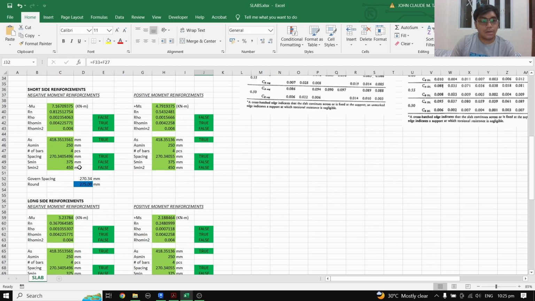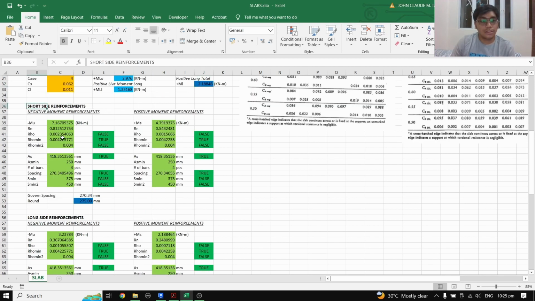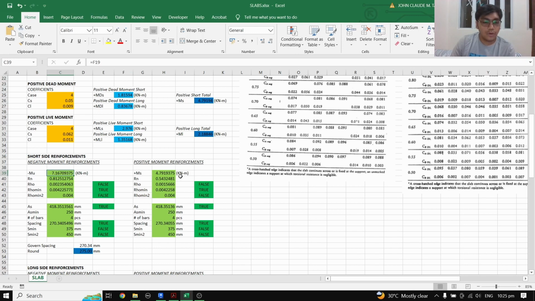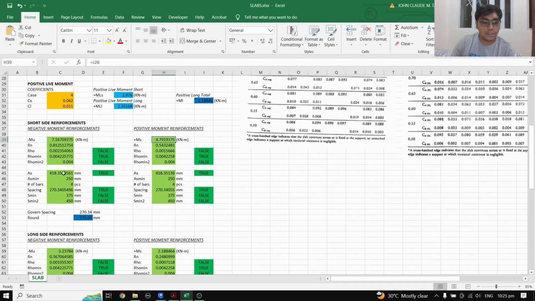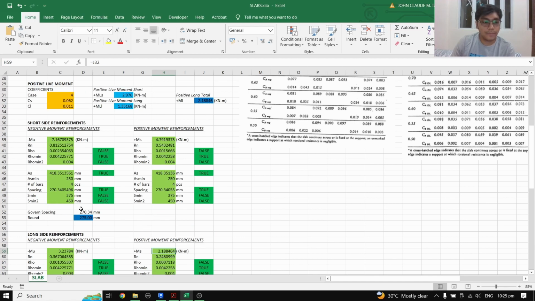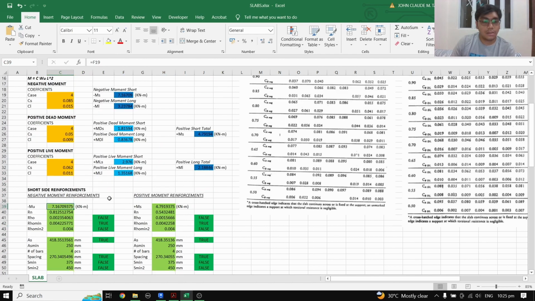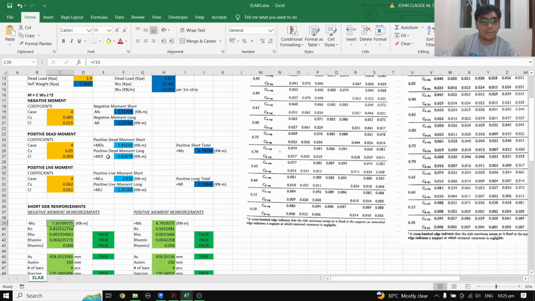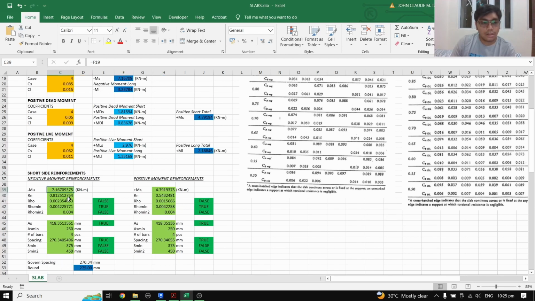So here we have our reinforcement calculations: our negative moment and positive moment of the short side, and negative and positive of the long side. As we can see here, we have our Mu reflected using the moment coefficient method used here.